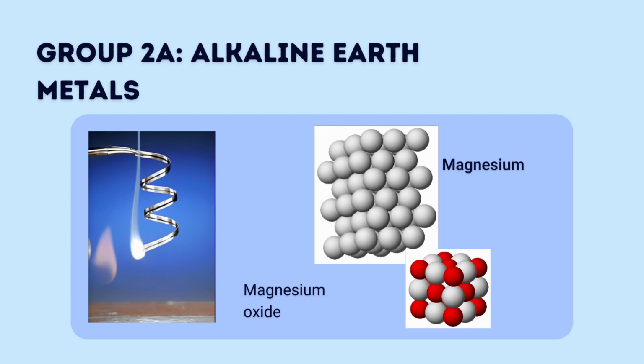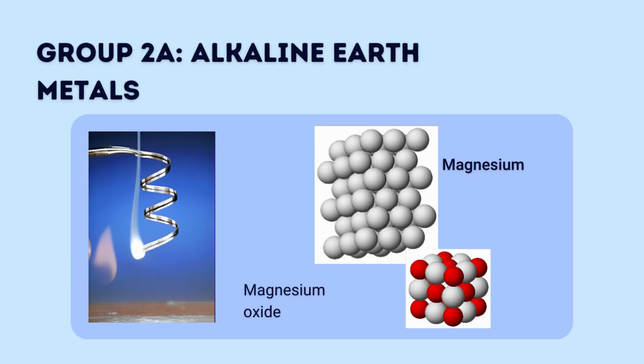Group 2A on the periodic table corresponds to the alkaline earth metals. Alkaline earth metals are highly reactive and tend to form ionic compounds with nonmetals. They have 2 valence electrons, which they readily lose in chemical reactions to form a positive 2 cation.